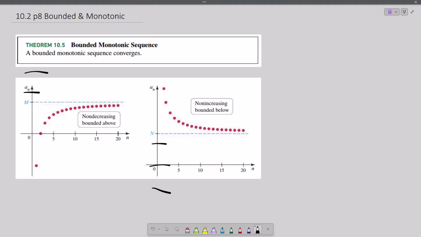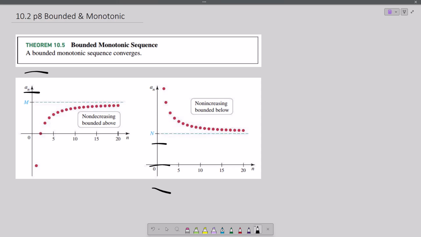So the limit of this decreasing sequence is n, and that n is going to be the largest of all the possible lower bounds. Similarly here, where we have this increasing sequence, there's an infinite number of upper bounds. The least of those upper bounds is the one that's going to be the limit of that sequence.